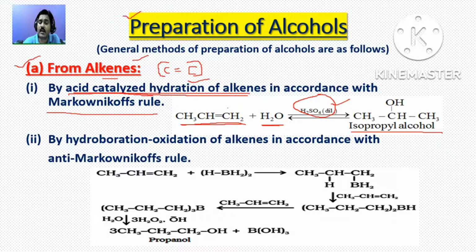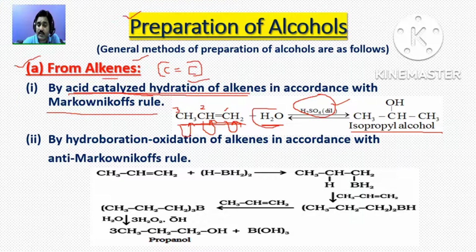Here are carbon number 1, number 2, number 3, three carbons. Carbon number 1 has two hydrogen atoms attached, carbon number 2 has only one hydrogen atom attached, but carbon number 3 has three hydrogen atoms.